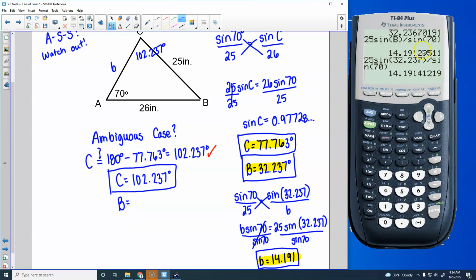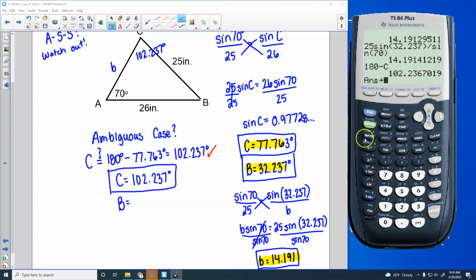I am going to do this as well: I'm going to do 180 minus C. That gives me the long decimal for the 102, and I'm going to now store that one as my C. It replaces the number that was already there.